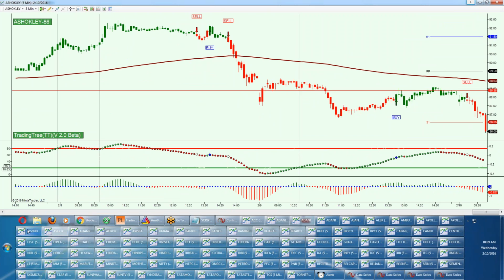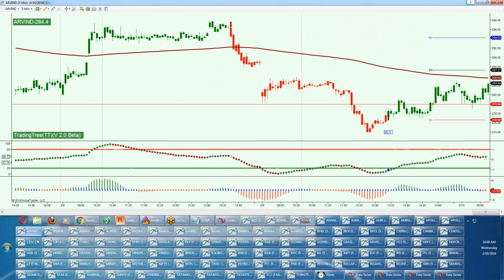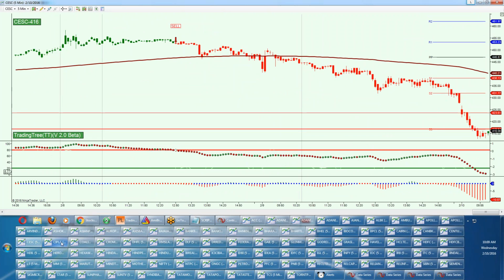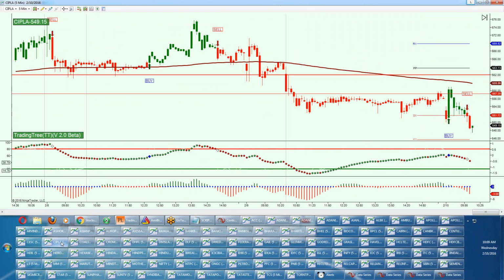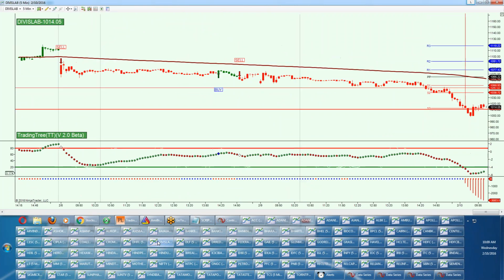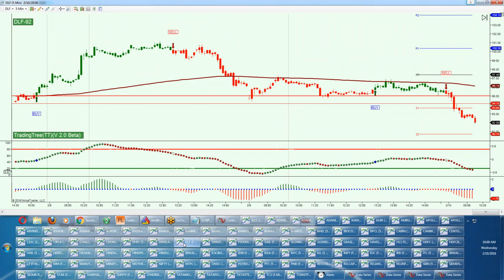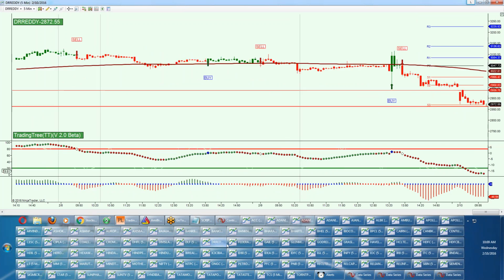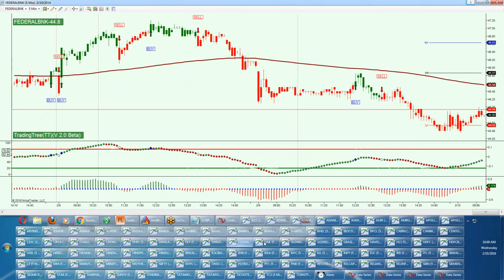Ashok Leyland, Arvind, CESC is in profit. Cipla, we have a sell call now. Crompton Greaves is in profit. Divi's, it's flat. DLF is in profit. 95 was your entry and 92 is the current price. Dr. Reddy entry has to be done.